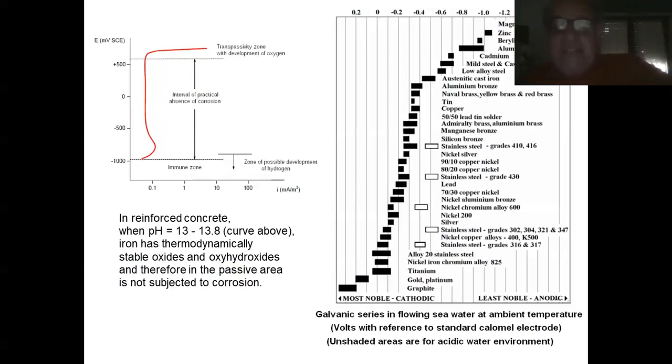There are just a few materials which are left of the zero, so which are active with respect to the calomel, so they act as cathodes with respect to the calomel electrode, and these are gold and platinum, which you may easily know don't suffer any oxidation, and graphite.